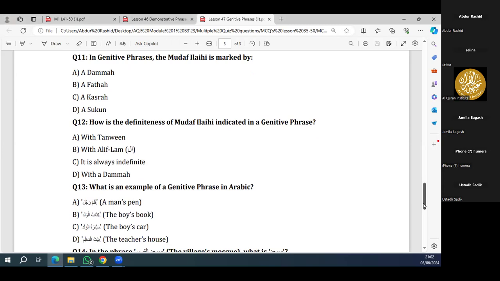For 11, Dr. Mohammed, do you want me to give the answer? They should answer 11, 12, 13 at the same time. Let them just read it. Definitely, it's mudaf ilayhi in a genitive phrase.